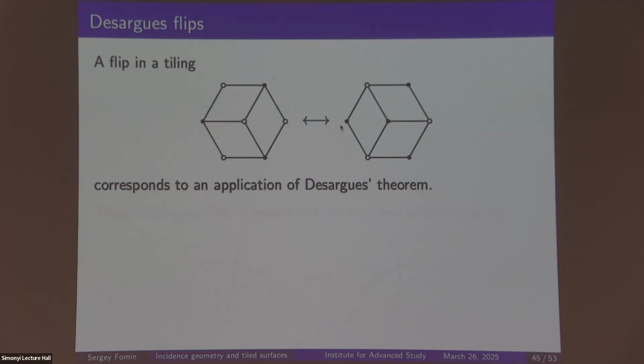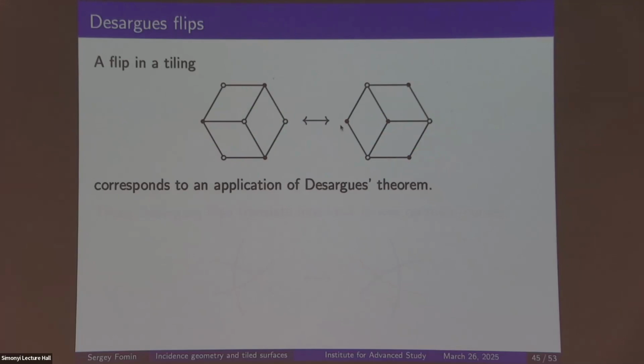Now, remember that Desargues' theorem corresponds to a cube, right? So, an application of Desargues in the quadrilateral setting: by an application, we can go from this tiling to this tiling. So find three tiles that form this kind of hexagon and rotate it 60 degrees inside, right?